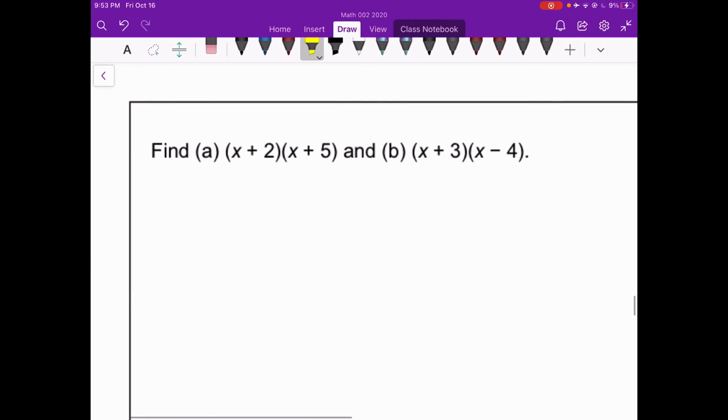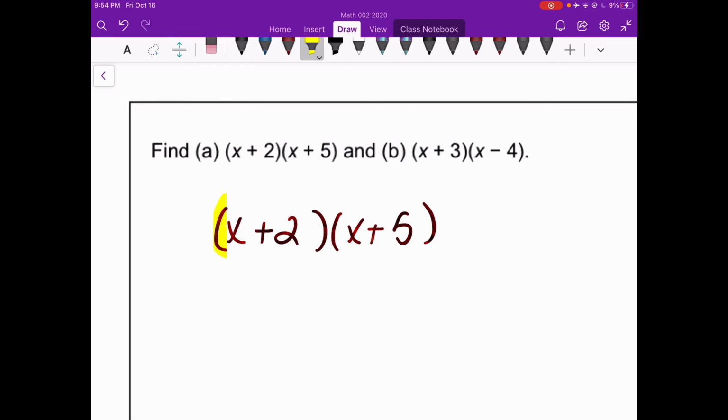When you multiply two binomials, so let's start here with A, x plus 2 times x plus 5. You start with the first guy you see, the x, and you distribute it twice to the next group. And you write down what they equal. So x times x is x to the power of 2.